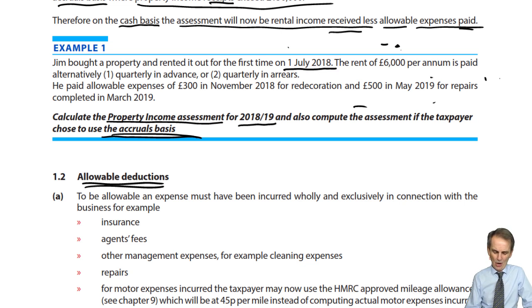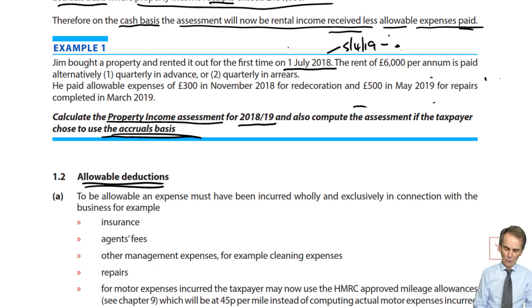The rental period started on the 1st of July 18 and went past the end of this tax year, but for our tax year 18-19, from the 1st of July 18 to the 5th of April 19. Now again, we do our apportionments to the nearest month, so that therefore is 9 months. We've got 6 months in 2018 and the first 3 months of 2019.